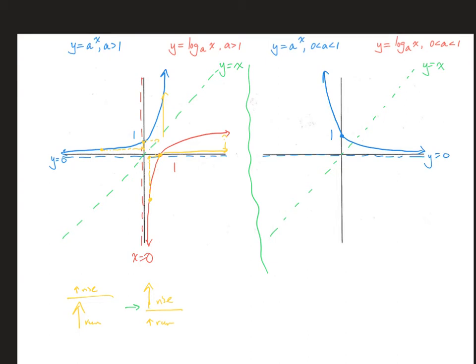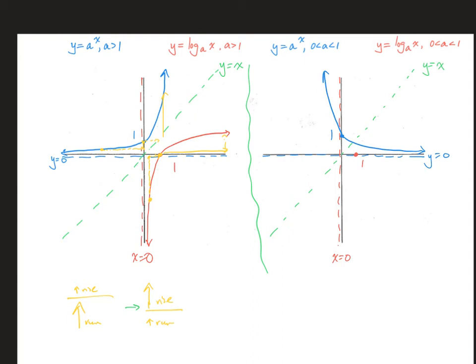So let's use some of the properties as we reflect it. This y-intercept at 1 would become an x-intercept at 1. My horizontal asymptote at y equals 0 would become a vertical asymptote at x equals 0. And now I need to go through and produce that graph.